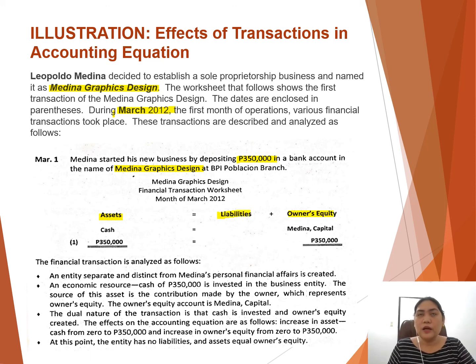Okay? So, kanina nga, di ba, diniscuss natin kung paano yung process ng pag-a-analyze ng transaction. So, ganito rin lang yan. So, ano bang affected na element doon sa transaction na yun? Dito, ang affected na element ay assets at saka owner's equity. Kasi nga, di ba, nag-invest yung owner ng cash.